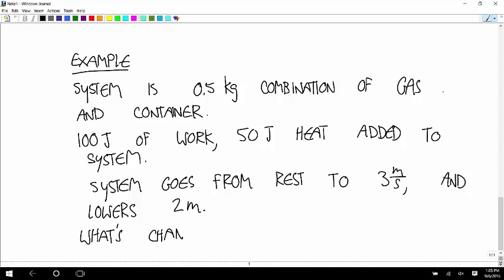What's the change in the system's internal energy?